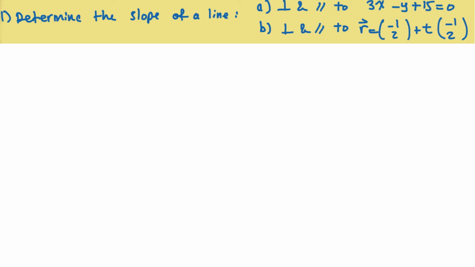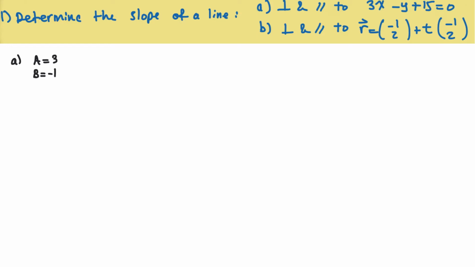Okay, for the very first part of this question, the equation is given to us in scalar form: 3x minus y plus 15 is equal to 0. We know that when we have a scalar equation, the coefficient of x, our a value, and our coefficient of y, which is our b value, can be used to give us the normal to the line.